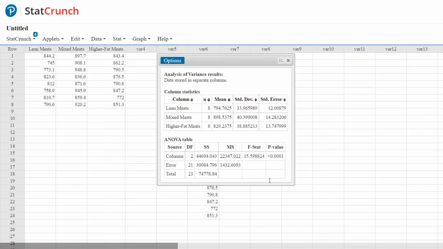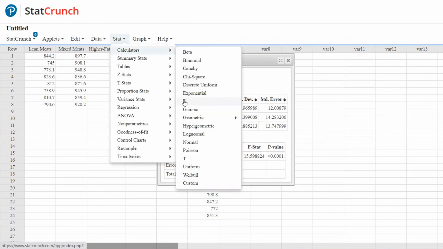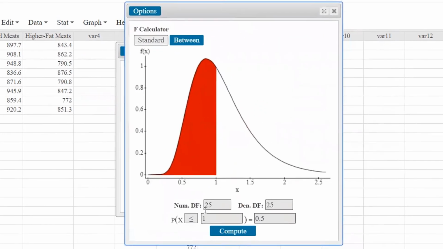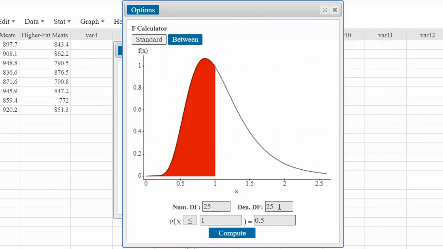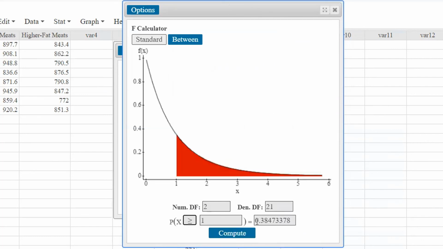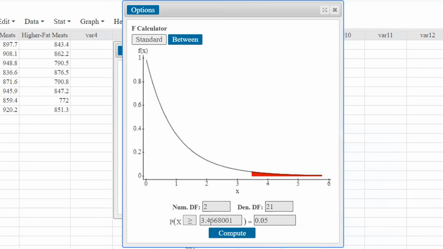I also want to point out that on StatCrunch, if I go to Stat and Calculators, I have an F distribution calculator right here. So I have degrees of freedom in the numerator and degrees of freedom in the denominator. If I have 2 degrees of freedom in the numerator and 21 in the denominator, and the area in the right tail, so I change that to greater than, is 0.05 and compute, that gives me the critical value.